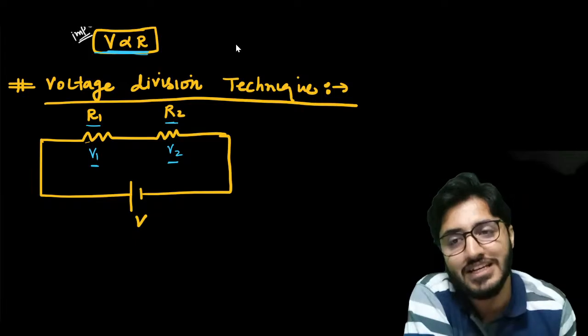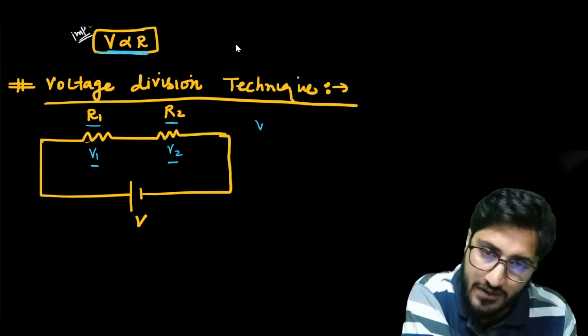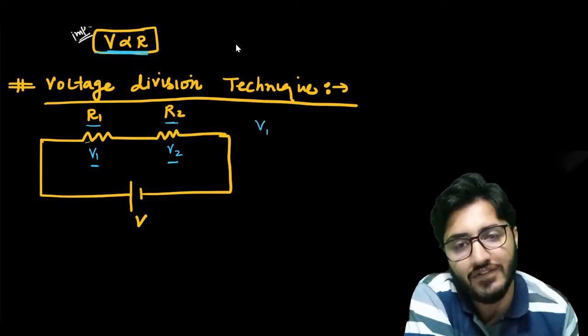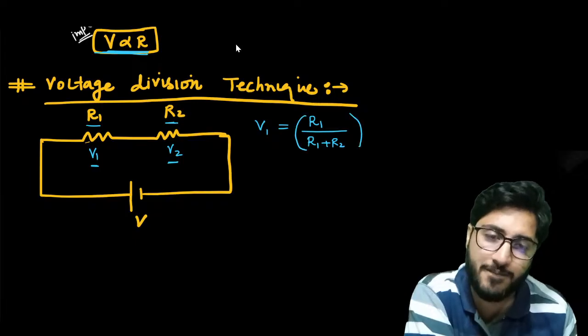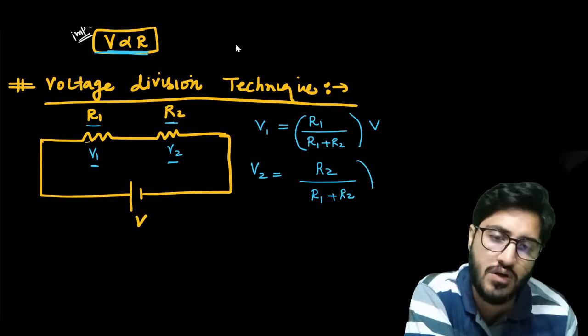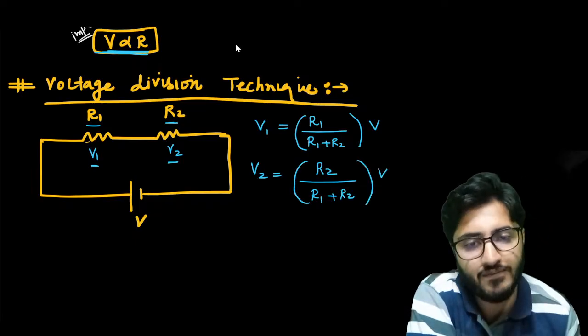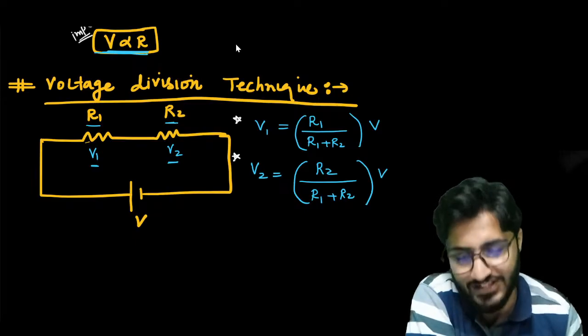So I will write V1, potential across R1, equals R1 divided by R1 plus R2, whole multiplied by V. Same, V2 across R2 equals R2 divided by R1 plus R2, whole multiplied by V. These are two formulas. You need to memorize these things.